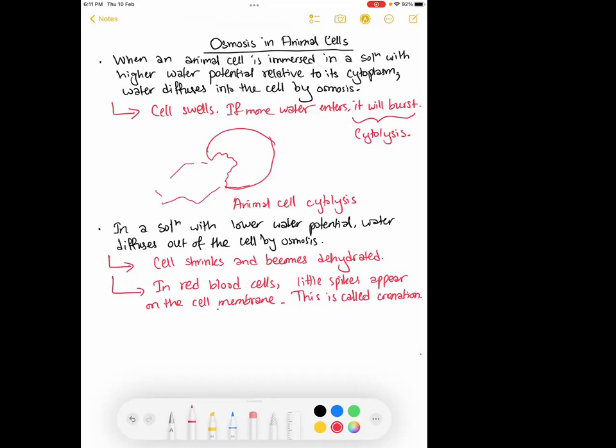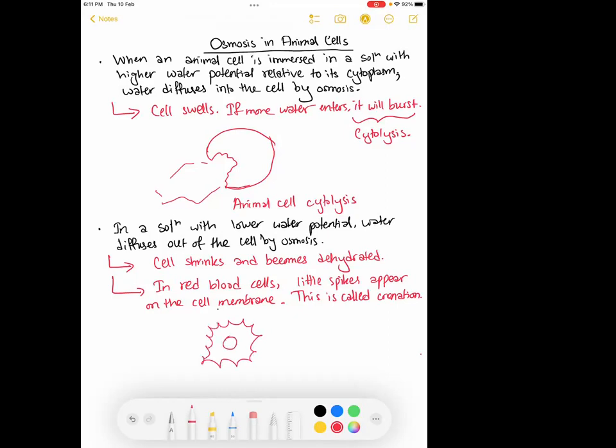Okay, so the animal cell basically dies if it is not removed from the solution. It's almost the same as a plant cell being plasmolysed. So let's say if you want to see a crenated red blood cell, it looks like this.